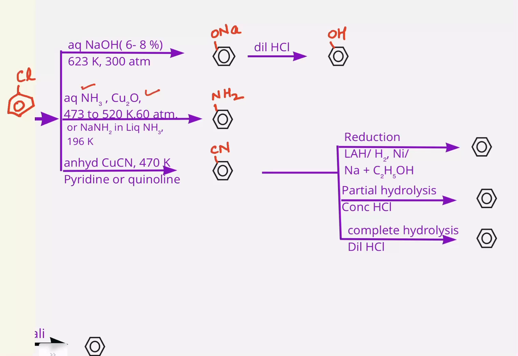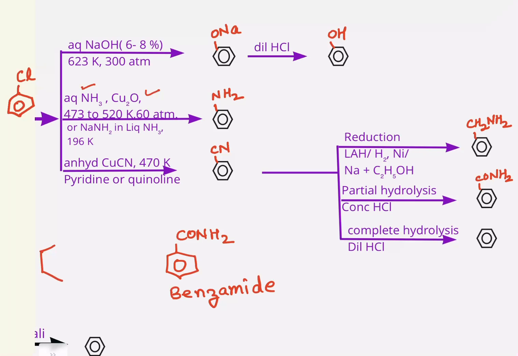Carry out its reduction and we have CH2NH2. Carry out its partial hydrolysis, CONH2. What do we get? Benzamide. You can write the name of the product below, so you will have CONH2, benzamide.